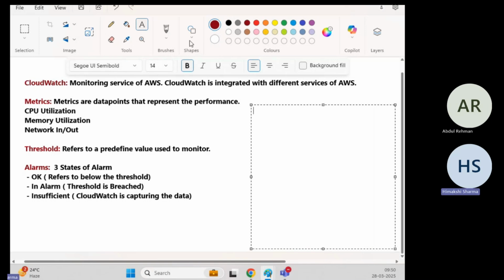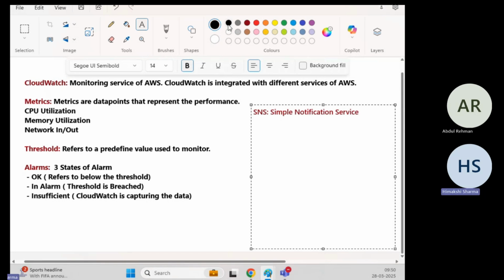Now let's talk about one more thing here, and that is SNS. SNS is the Simple Notification Service.